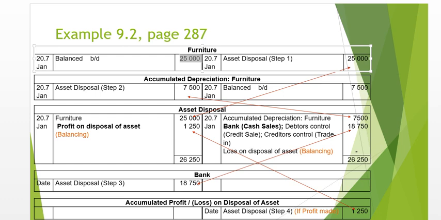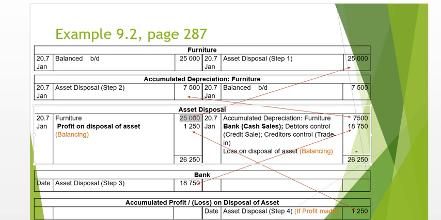In order to take out this furniture, we need to decrease our assets. And decreasing your assets, you need to credit that value. So we're going to credit 25,000 Rand on the 1st of January 2007, and that needs to go to asset disposal. In our asset disposal account, we will then debit 25,000 Rand on the 1st of January 2007, and that relates to furniture.